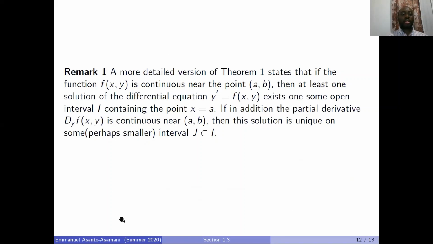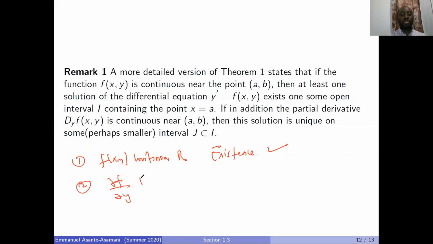which essentially says that if you have condition 1 satisfied, so if your f of x, y is continuous in some rectangle, then you have a solution. So existence is guaranteed. Okay, you have a solution, but it is only when the partial derivative is also continuous that you have only one.